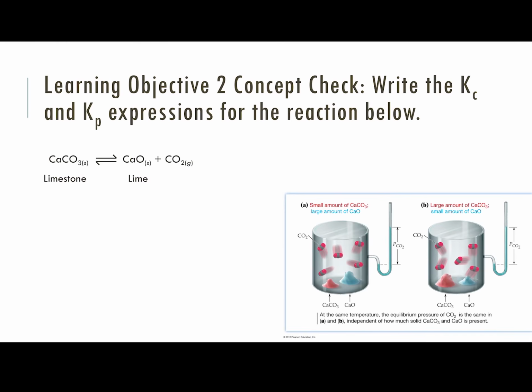Okay, so let's try and write a Kc and Kp expression for the following reaction. So we have limestone, which is a solid, which breaks down into calcium oxide and carbon dioxide. If we want to write a Kc expression for this, we can start out by writing everything.